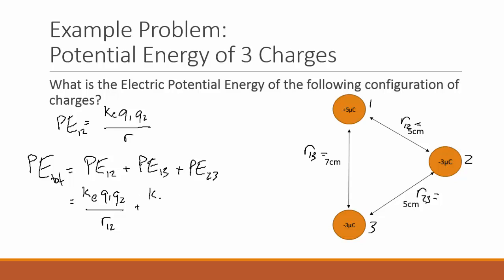I'm going to keep on adding all of these terms with the appropriate charge, Ke times Q1 Q3 over R1, 3 plus Ke times Q2 Q3 over R2, 3, because I'm using this for the pair 2, 3 here. And then I'm going to just plug in the values and solve for the total amount. I do want to note that here it's not the absolute value. This is the actual charge. So if it's negative, I plug in a negative number.